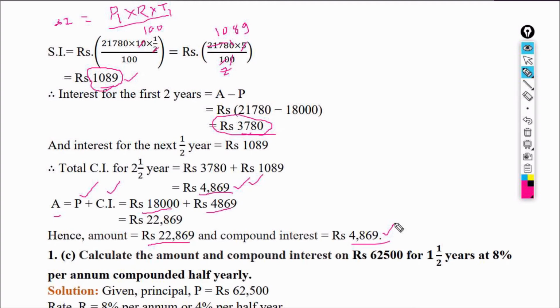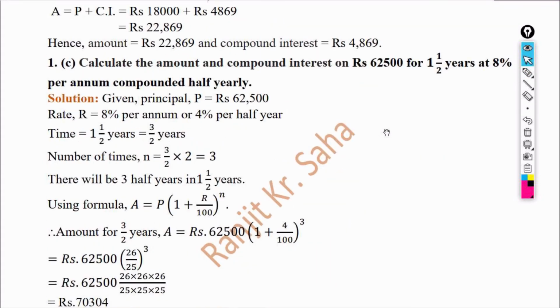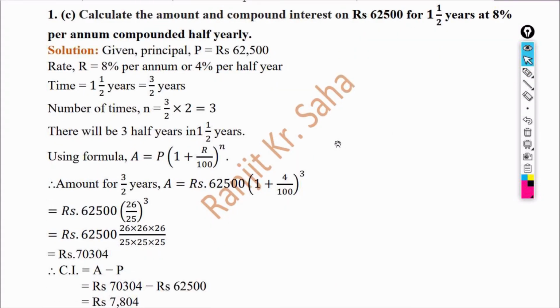I think it is clear to all of you. Now I am coming to the C part of question number 1, that is calculate the amount and compound interest on rupees 62,500 for 1.5 years at 8% per annum.